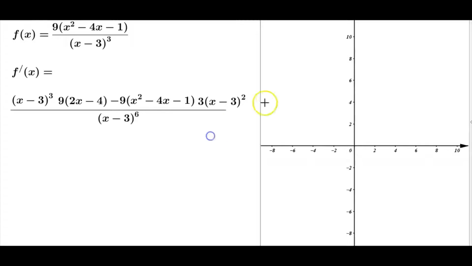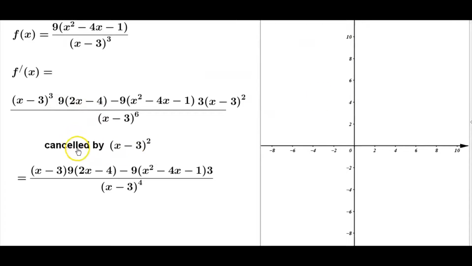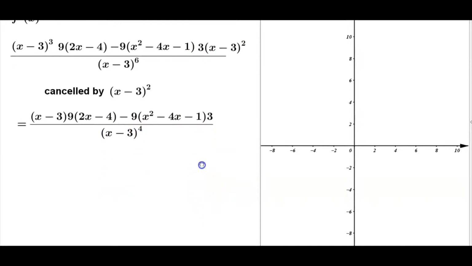When we simplify this further, cancel by (x minus 3) squared, both numerator and denominator. Therefore, this is equal to (x minus 3) into 9 into (2x minus 4) minus 9(x squared minus 4x minus 1) into 3, over denominator (x minus 3) to the power 4.